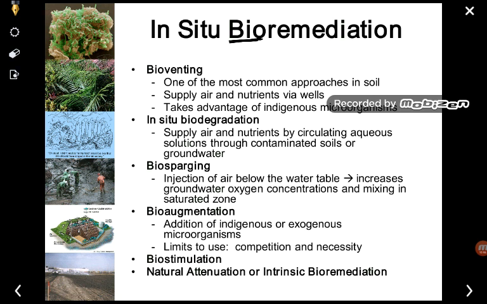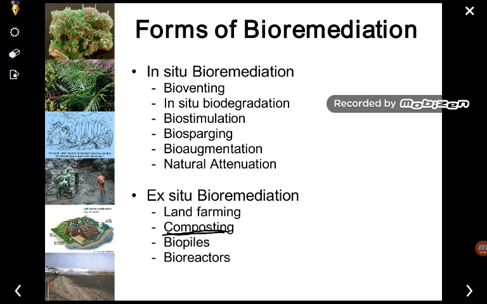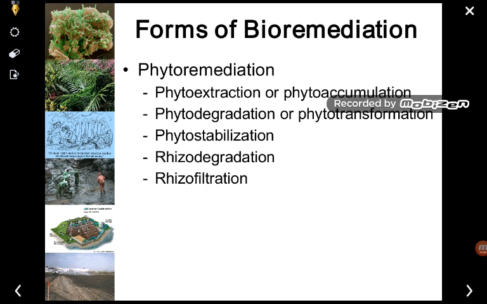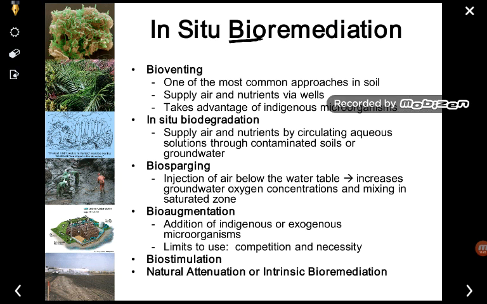Normally this bioremediation can be divided into two: in situ and ex situ remediation. Today we are going to see in situ bioremediation in detail. We have already seen bioventing, the first process included in in situ bioremediation. What do you mean by bioventing? It is one of the most common approaches in soil.